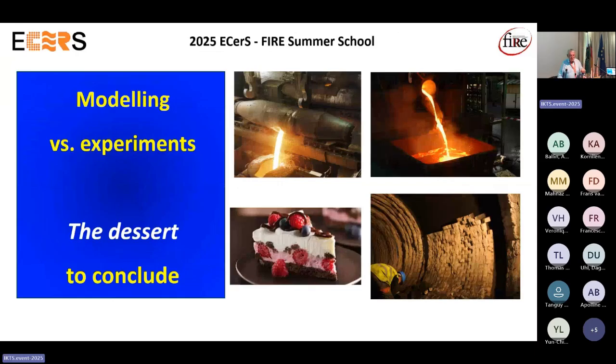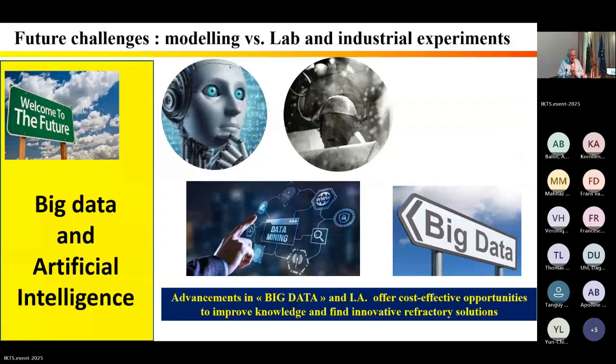So, to conclude, what are the future challenges for modeling and lab experiments? Big data and artificial intelligence. There are really cost-effective opportunities to improve knowledge and find innovative refractory solutions.